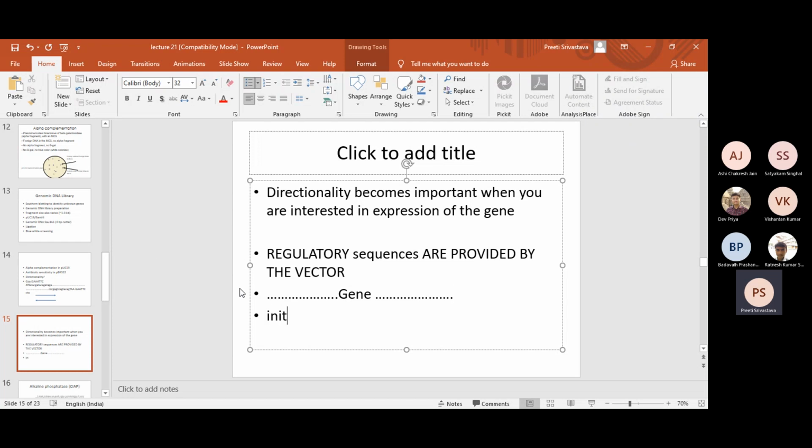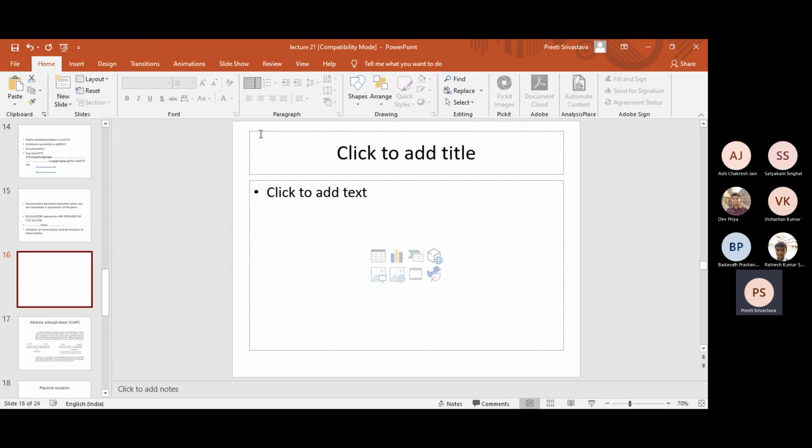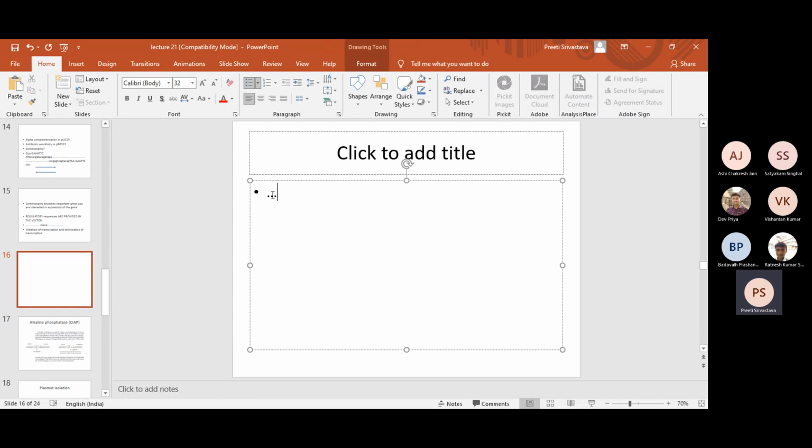So these regulatory sequences are for initiation and termination of transcription. When they are coming from the vector, then this vector is called an expression vector.